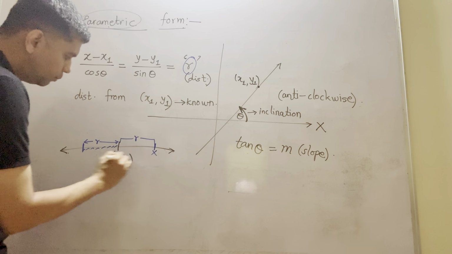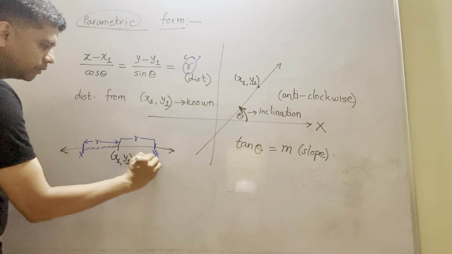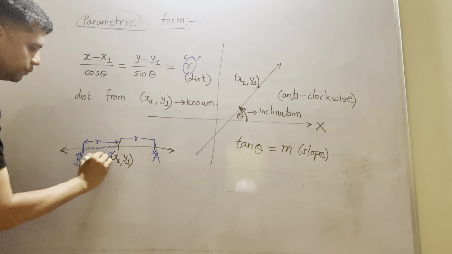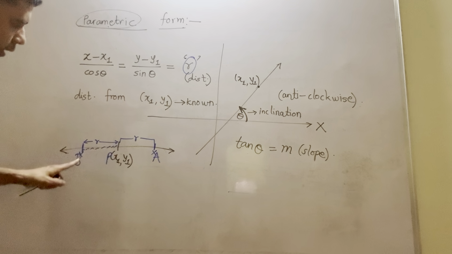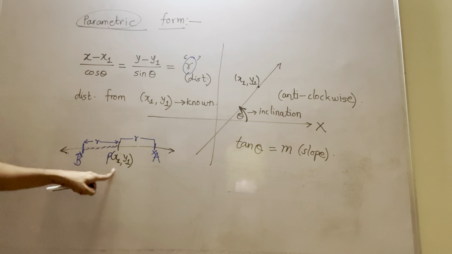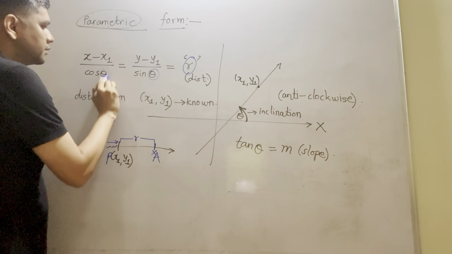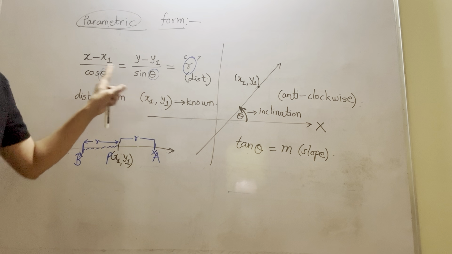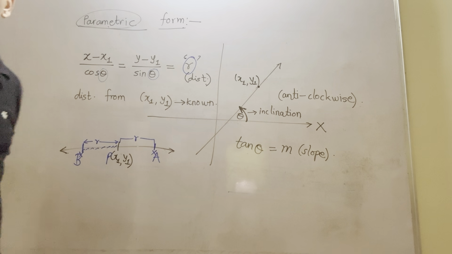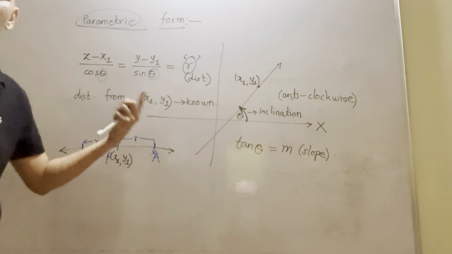So there are always 2 points, let's name them A and B, and suppose this known point is P. So there are always 2 points for a fixed r away from P. This happens because sine theta and cos theta can give you 2 values depending on what theta is. Theta can be acute, theta can be obtuse.